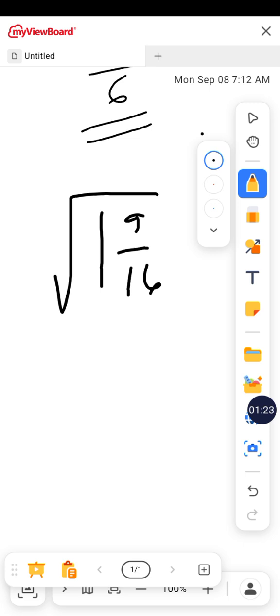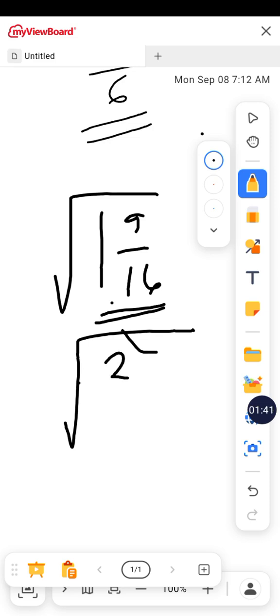So they ask you to find the square root of this. You can see that what we have in the square root is a mixed fraction, one whole number 9/16. So you find a way of converting it to an improper fraction. 1 times 16, that's 16. 16 plus 9 will give us 25. That will give us 25 over 16.